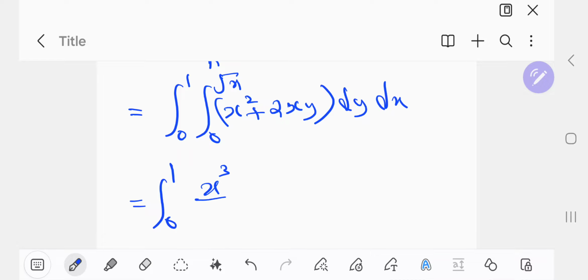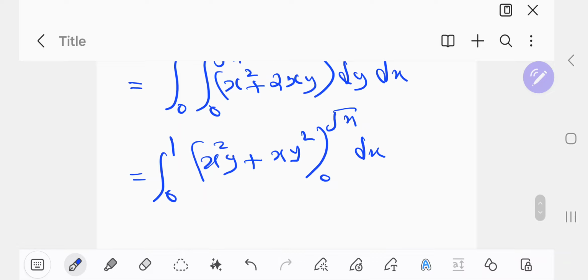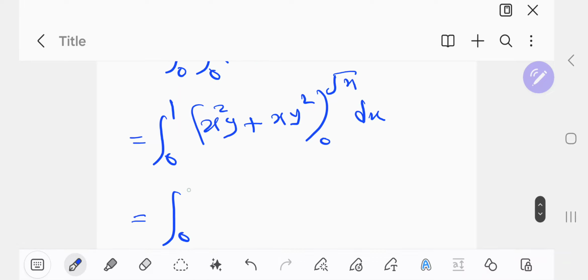With respect to y we are integrating x square into y plus xy square from 0 to root x dx, equal to the integral 0 to 1 of x raised to 5 by 2 plus x square dx.